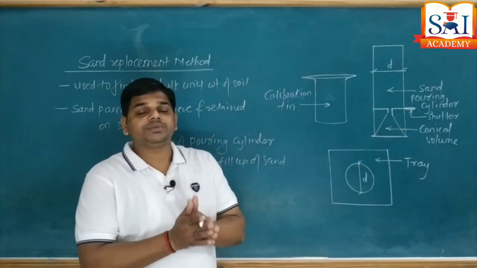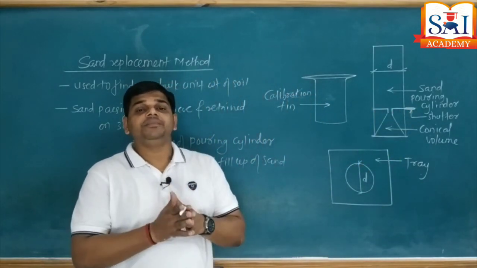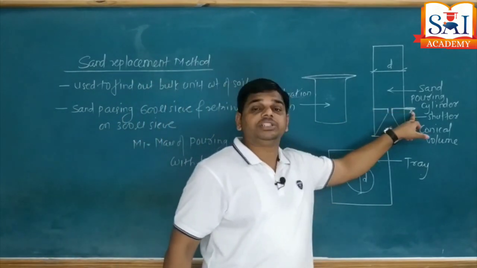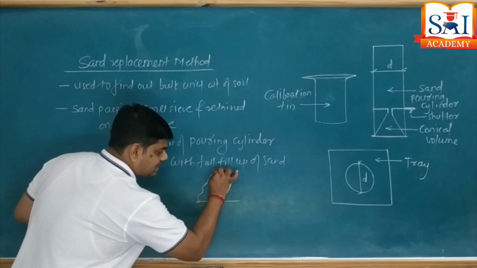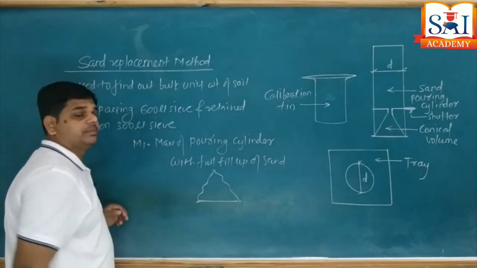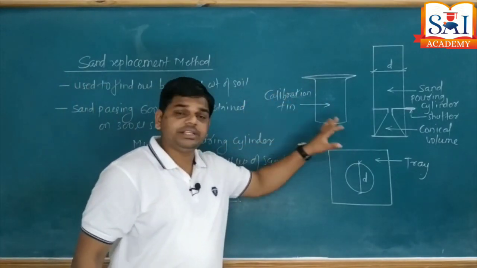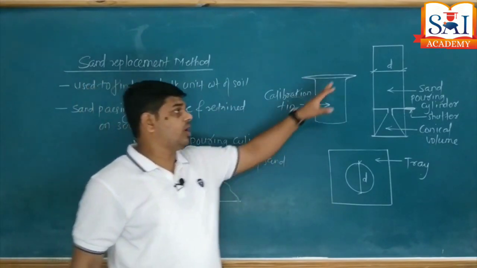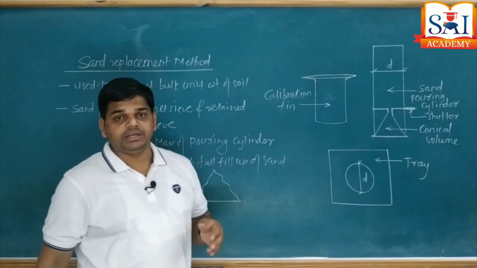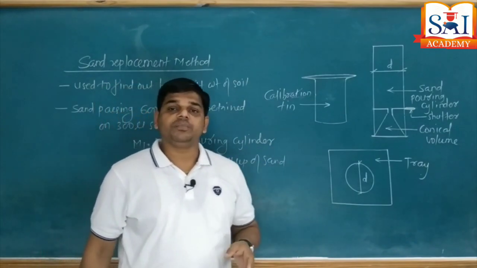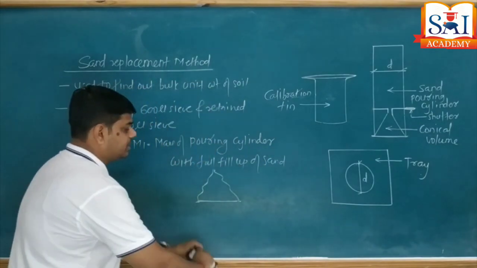When the movement of sand completely stops, we close the shutter. Then you will find the sand has acquired this type of shape on the surface. Now when there is no movement of sand observed in the top portion, take the pouring cylinder and again put it on the weighing machine and note down the mass of that cylinder, which we call M2.